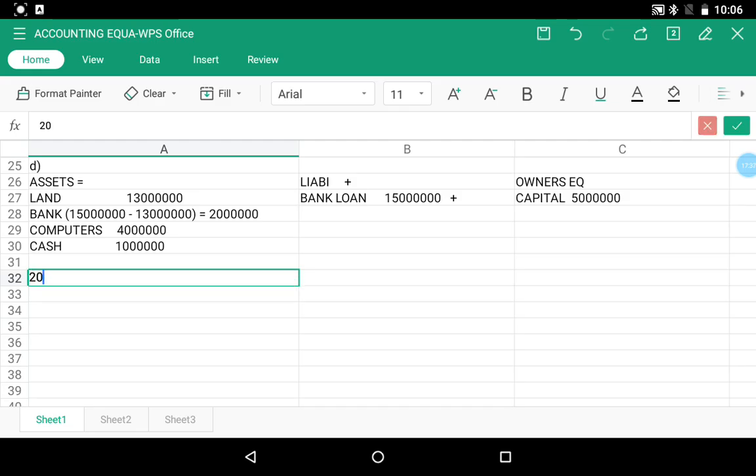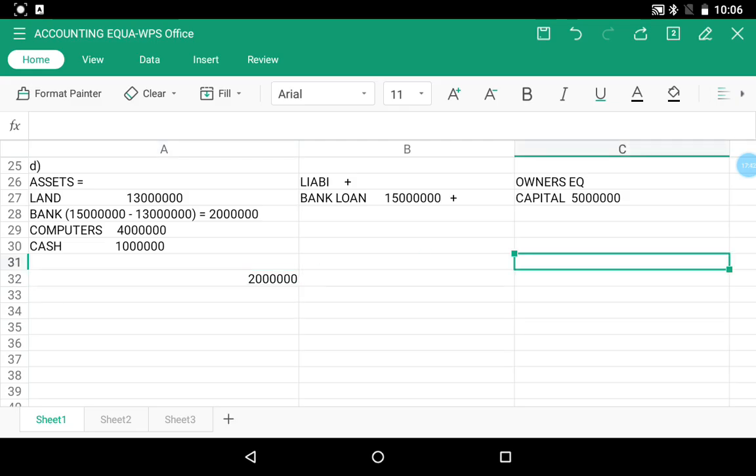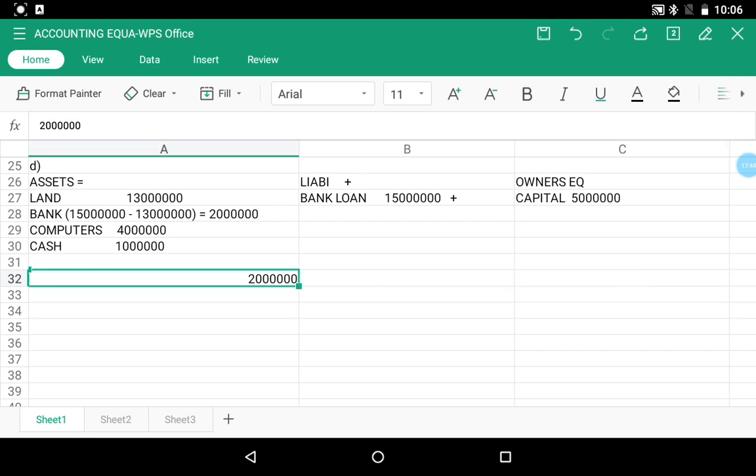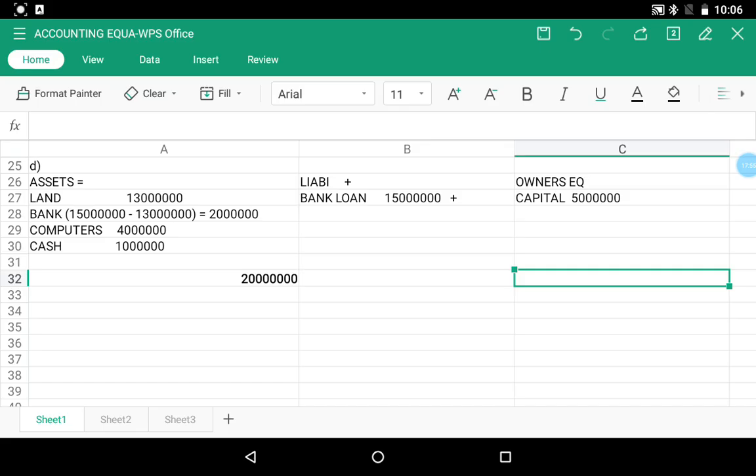So we still have our 20 million, and also on the credit side we have a liability of 15 million plus 5 million, which is still the same 20 million.